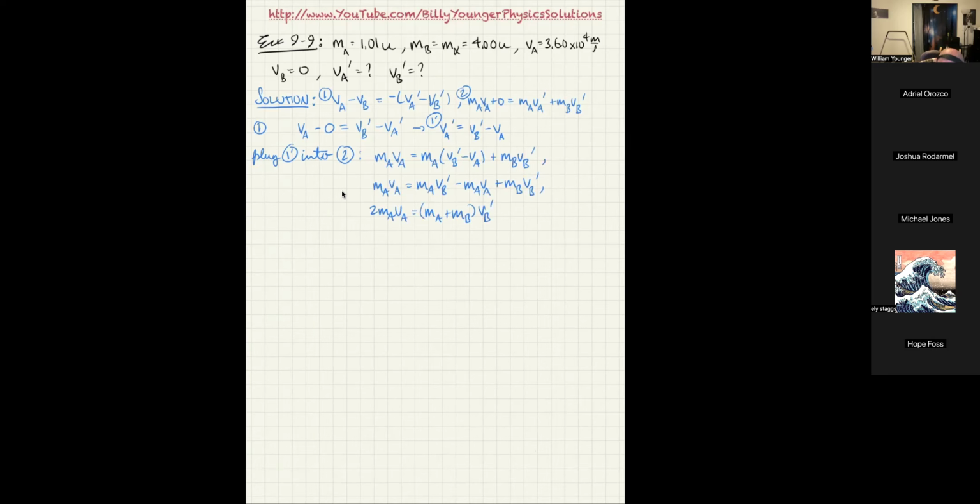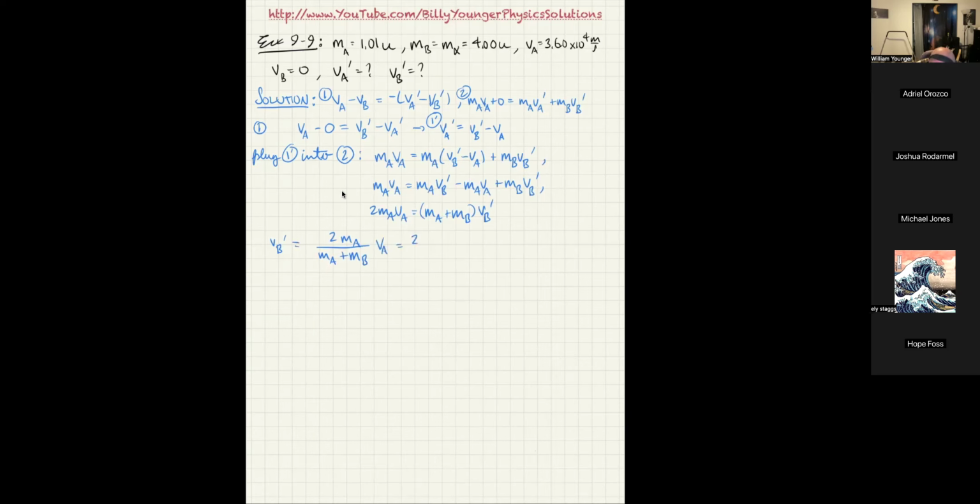And now that tells me that VB prime is in fact equal to 2MA over MA plus MB, which you'll notice looks just like that equation last time that I told you was like the tension equation from the Atwood machine. So we can go ahead and plug in our numbers.